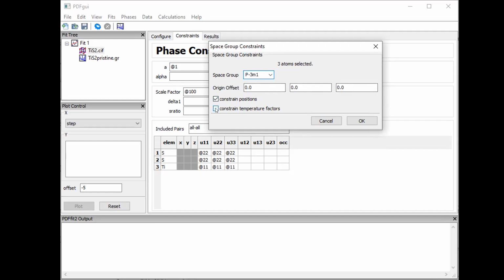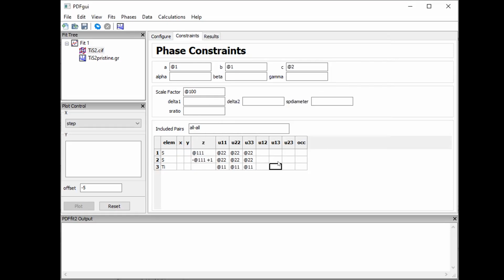And we can uncheck this one. Remember, the disorder factor of the atomic displacement is also related to the symmetry. So if you want to really refine the anisotropic atomic displacement, for example U13, U23, then you also check this one. But in this case, since it's isotropic, we just uncheck it and OK.